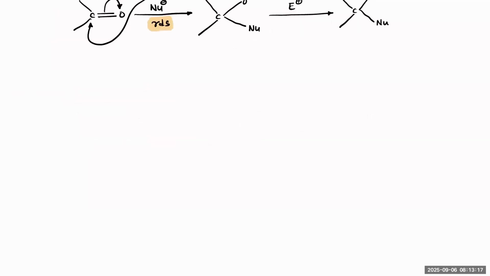Suppose I put an example here. Let's say I have an acetone type of group, and I'm doing H plus and hydrolysis like this. First I'll add H plus here. On adding H plus, first I'll get C double bond OH plus.